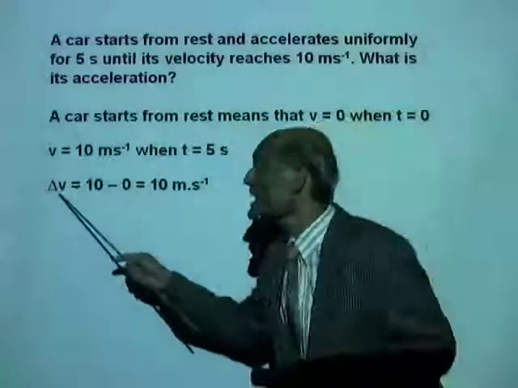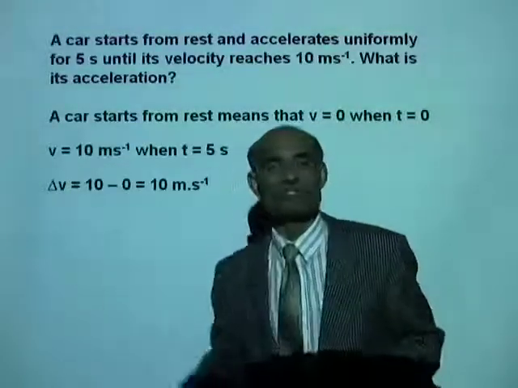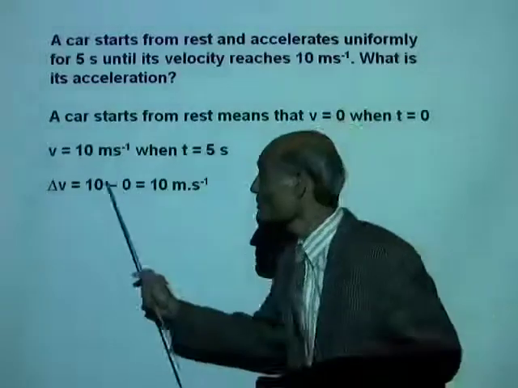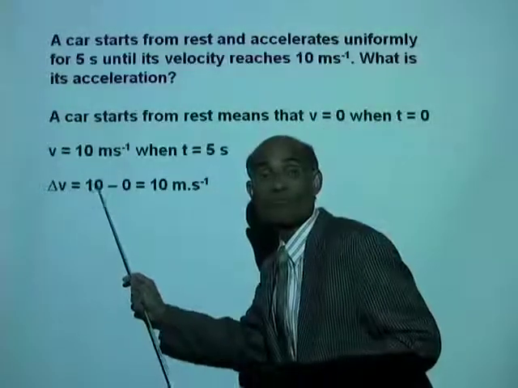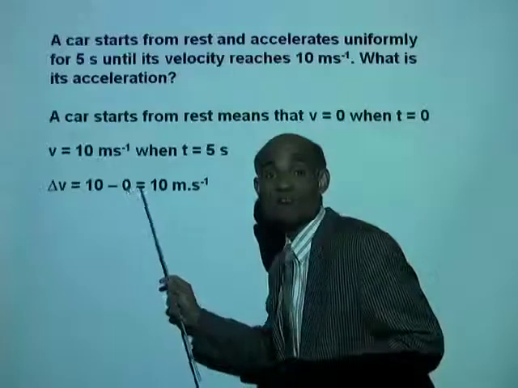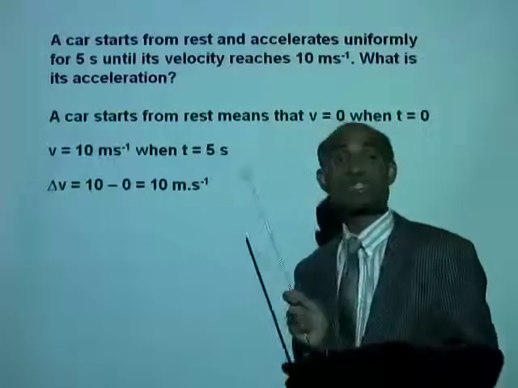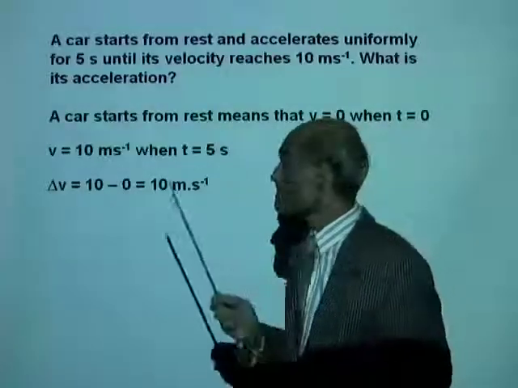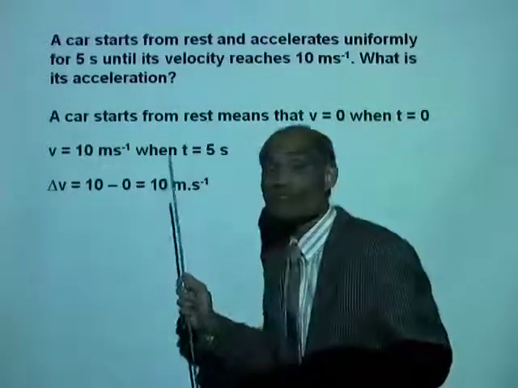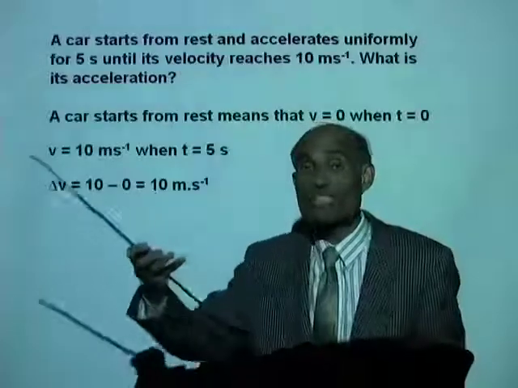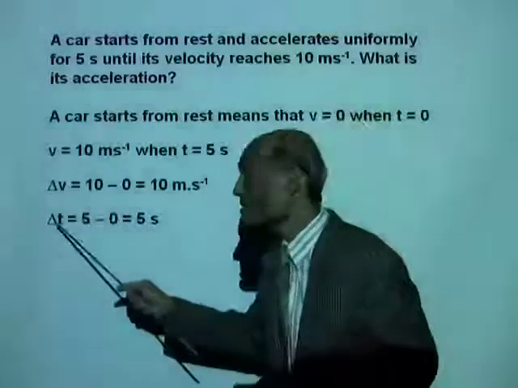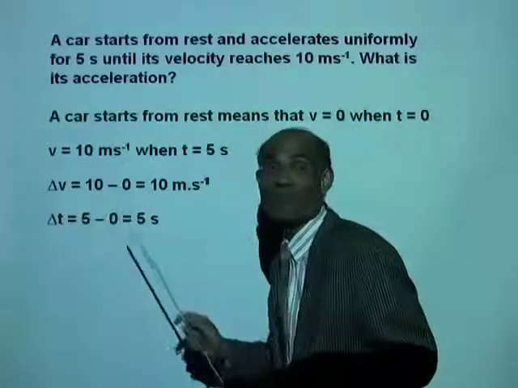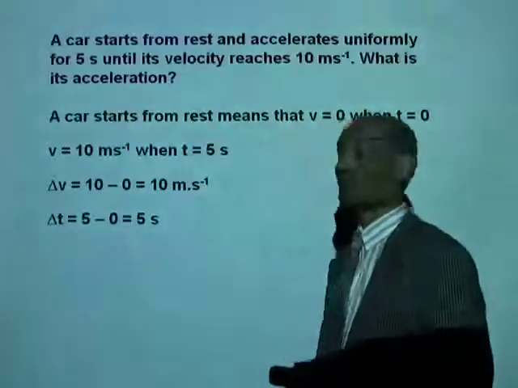Therefore, what is delta v, the change in velocity? The change in velocity is the final velocity minus the initial velocity. The velocity changed by 10 meters per second. Now, this change in velocity occurred in what time interval? Delta t equal to 5 minus 0, that is 5 seconds.